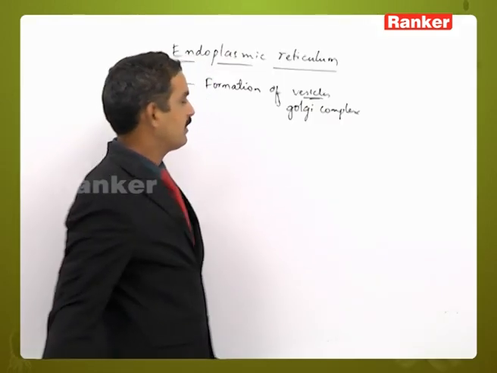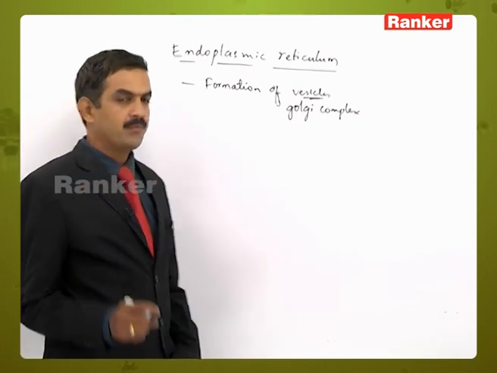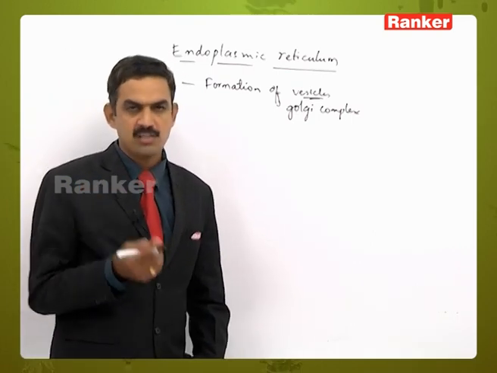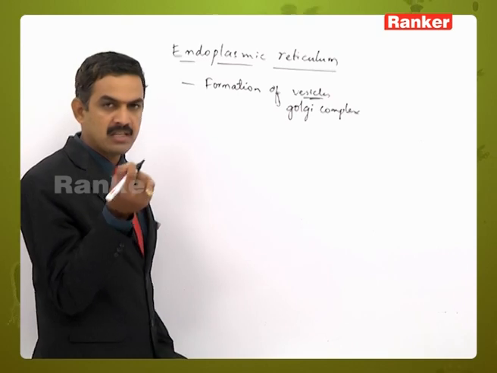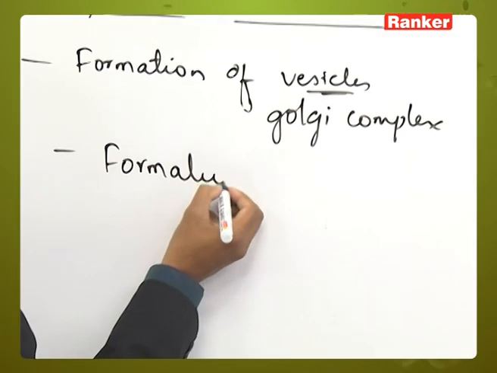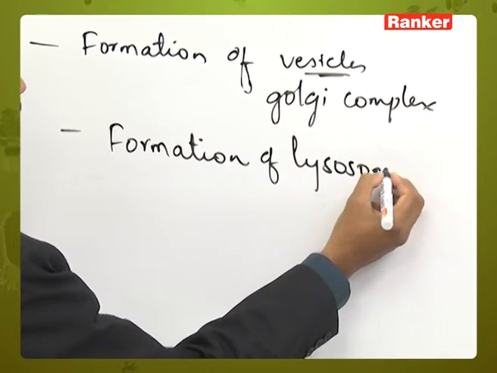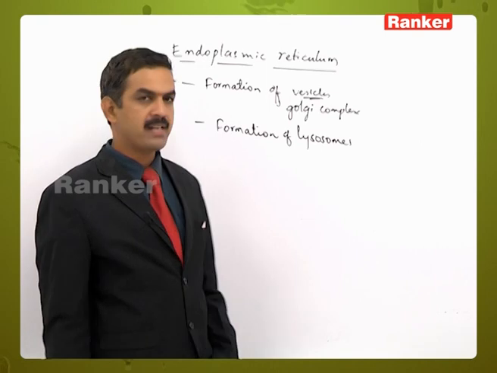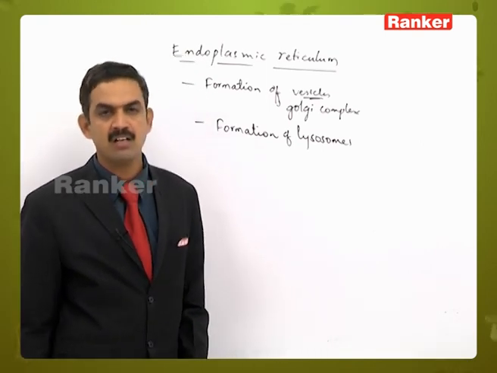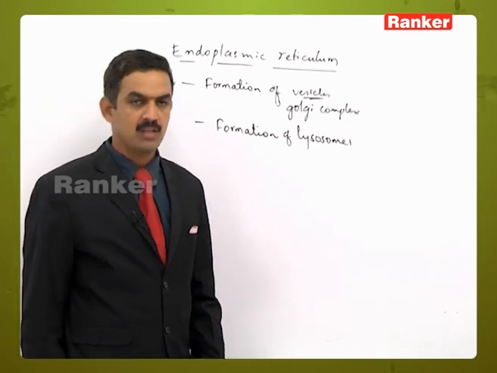The Golgi complex will arise from the endoplasmic reticulum, and the endoplasmic reticulum along with the Golgi complex will form vesicle-like structures which help in the formation of lysosomes. As we know, lysosomes are spherical structures having specialized enzymes called hydrolytic enzymes, concerned with digestion.